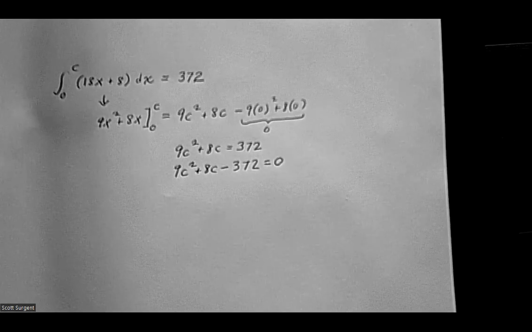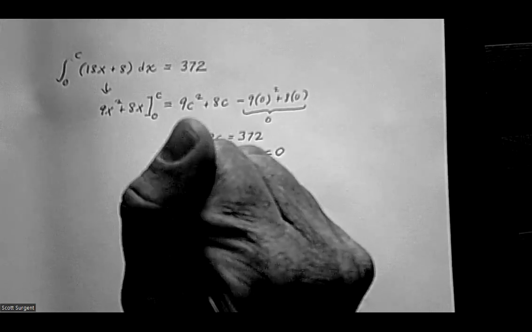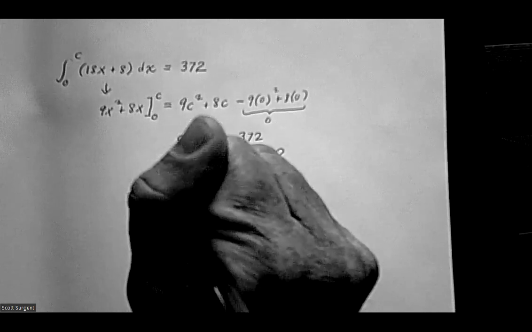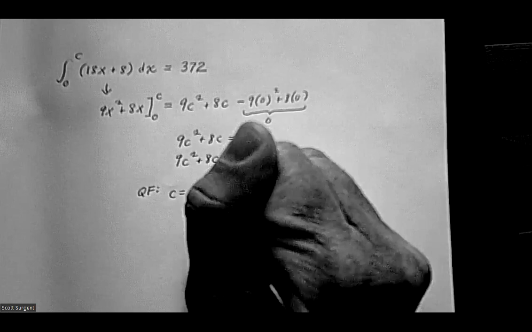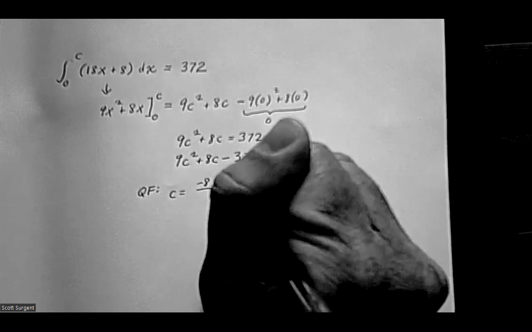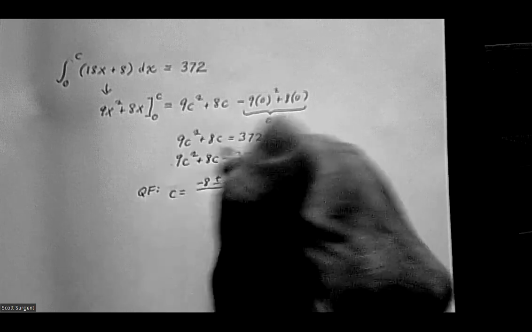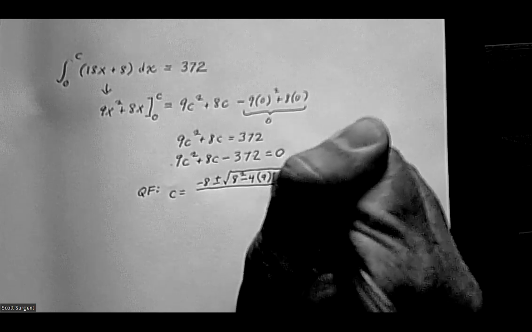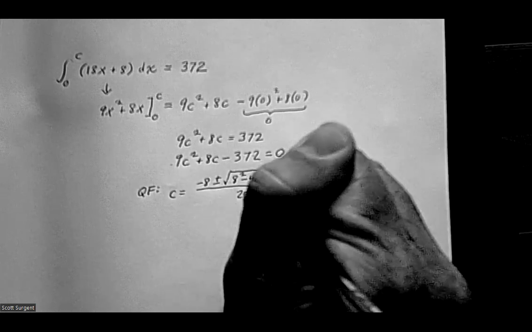And I would not waste time trying to factor this. This is the quadratic formula. It's going to be negative 8 plus or minus 8 squared, take away 4 times the first and the last, all over 2 times the first.